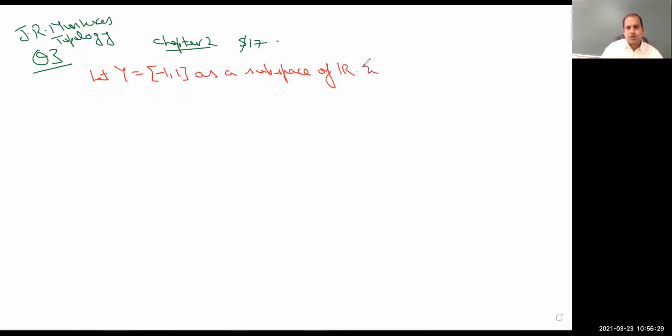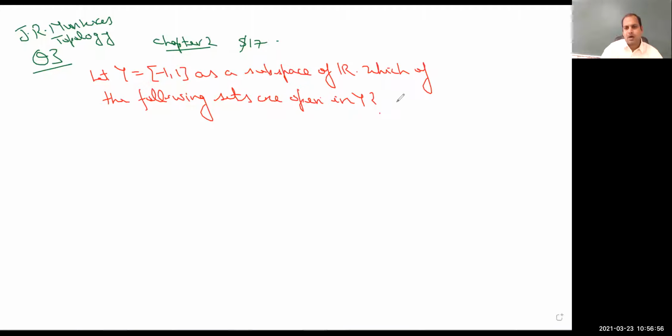Then which of the following sets are open in Y?